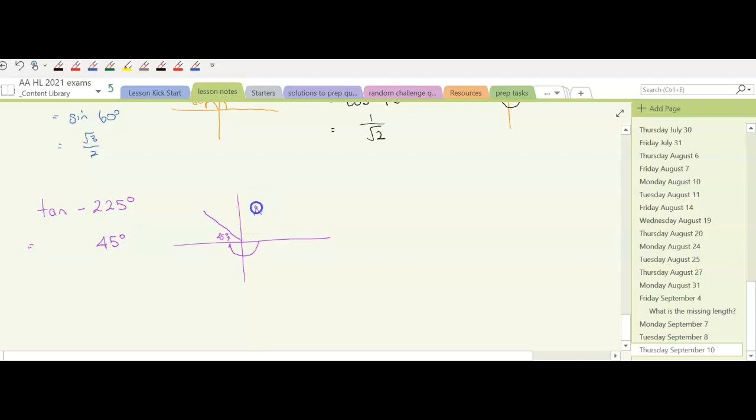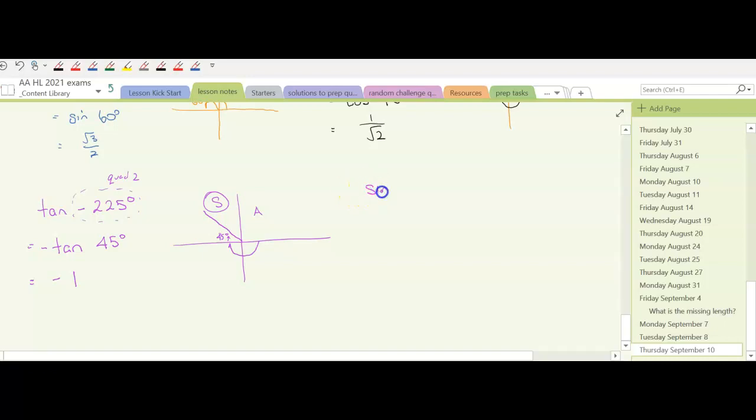Only sine is positive here, so tan is negative. So I'm minus tan 45 degrees. Do you see the association there? The associated acute angle, and whether tan is positive or negative in this quadrant, which is quadrant 2. Tan is negative there, so I'm at negative tan 45, which is negative 1. You can check all these solutions using your calculator.